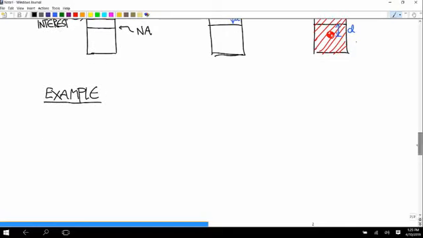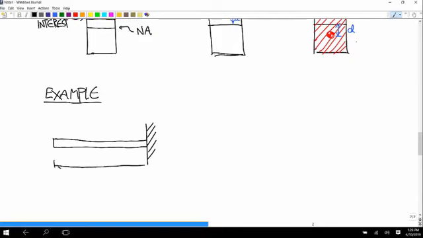So let's say we have a cantilever beam, and let's say it has a length of 2 meters. We're interested in what's happening right at the midpoint.